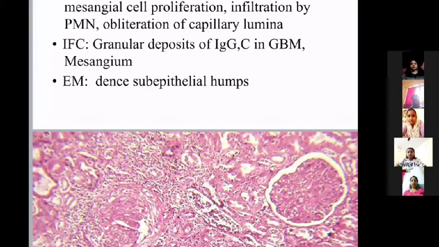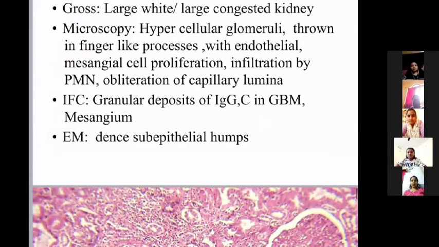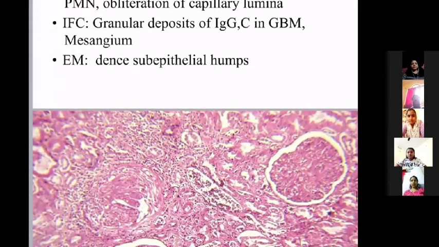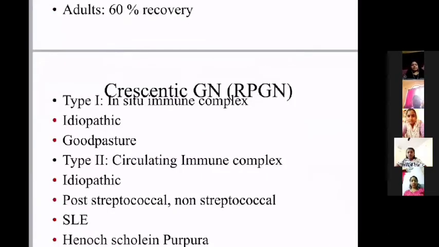Okay, these three things are important: microscopy, immunofluorescence, and electron microscopy. Others are crescentic glomerulonephritis, also called RPGN. In RPGN, there is crescent formation. That crescent is deposited around the glomerulus and causes glomerulonephritis.